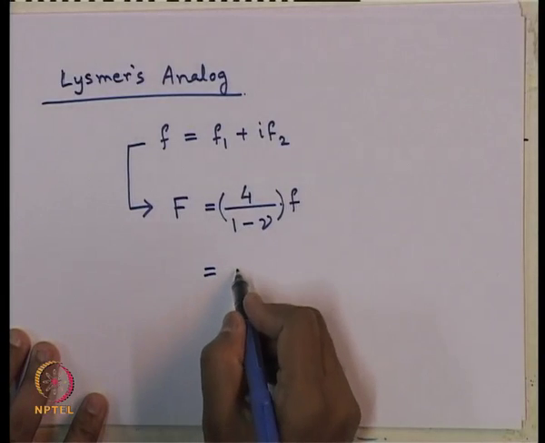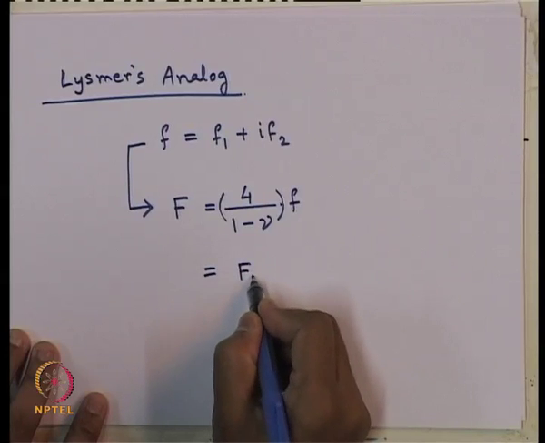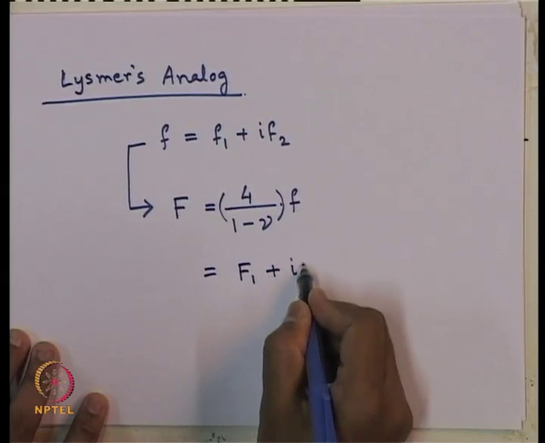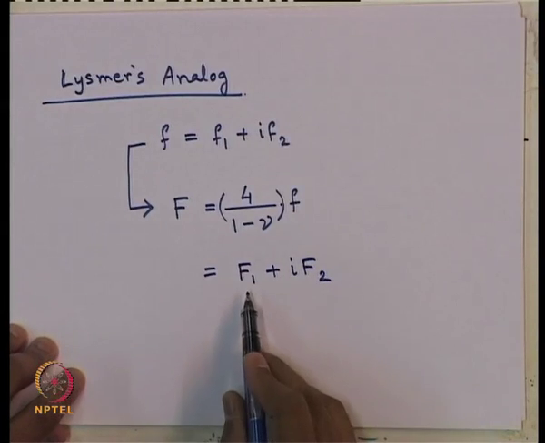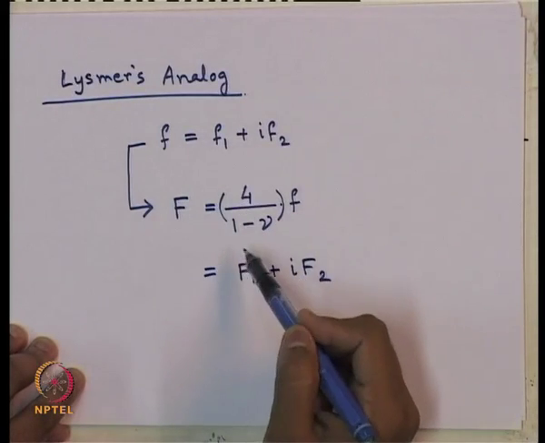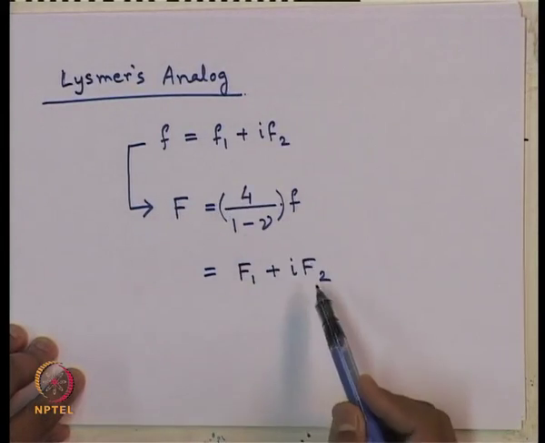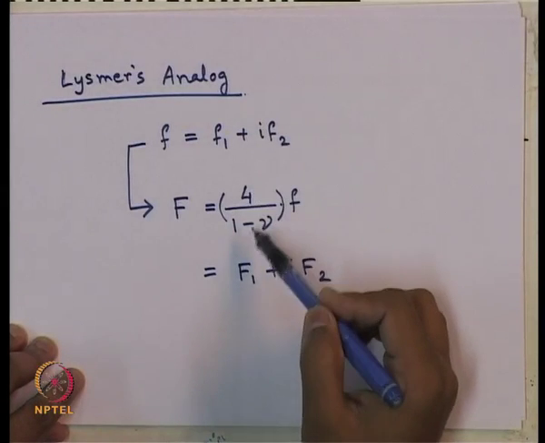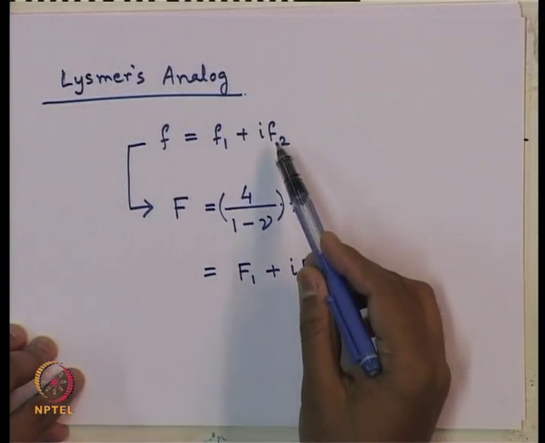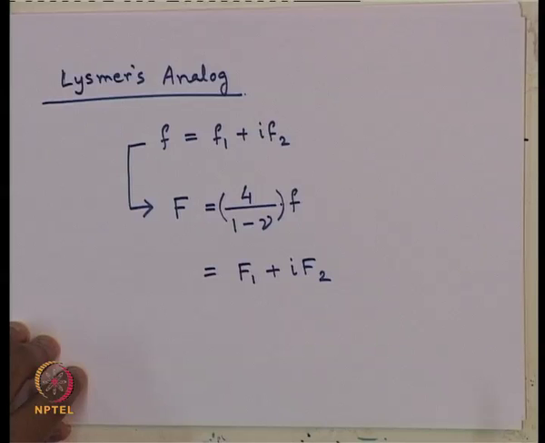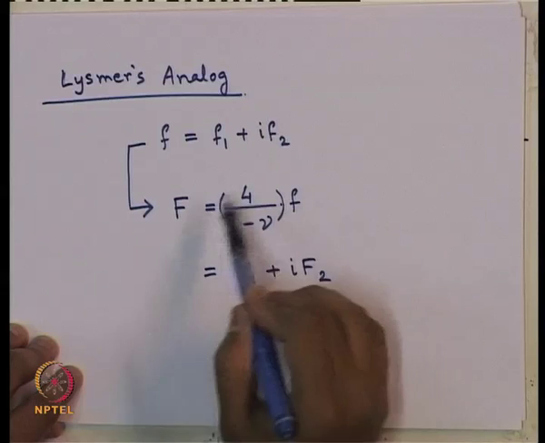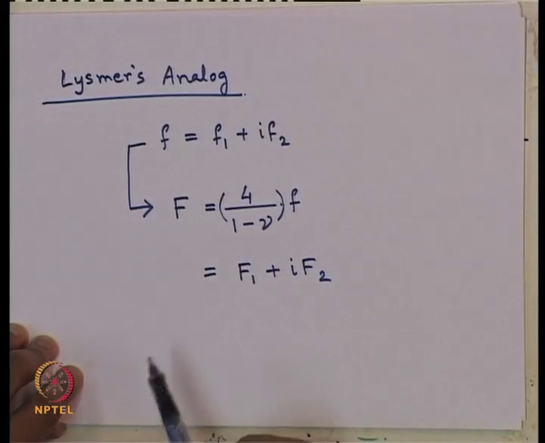And then he proposed the displacement functions as capital F1 and capital F2. So, capital F1 is nothing but 4 by 1 minus mu times this small f1 and capital F2 is nothing but 4 by 1 minus mu times small f2. So, it is nothing but just a change from Lysmer model to Lysmer analog by taking care of this Poisson's ratio effect in the expression of the displacement function itself.